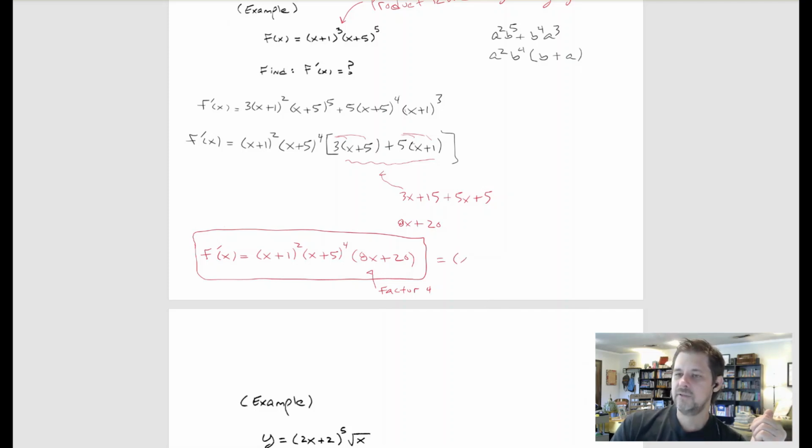I don't really know what's acceptable all the time, everywhere. But if I factored out 4, then I would get 2x plus 5, because 4 times 2x is 8x, and 4 times 5 is 20. And then I would have it out here like that. So I'll give you both of them just to hedge my bets a little bit.